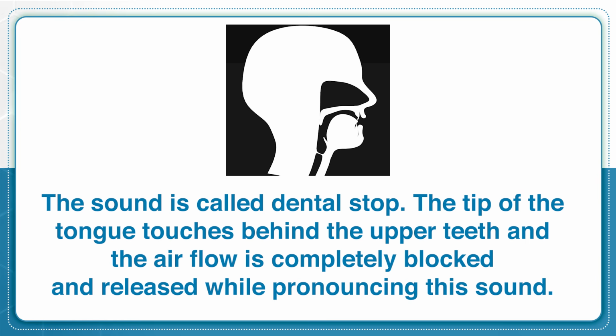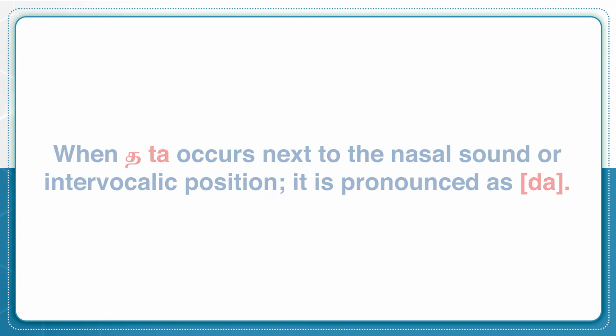The tip of the tongue touches behind the upper teeth and the airflow is completely blocked and released while pronouncing this sound. When ta occurs next to nasal sound or intervocalic position, it is pronounced as da.